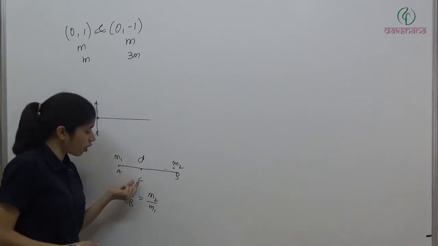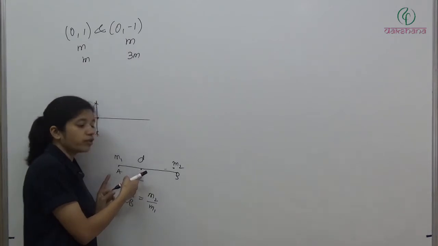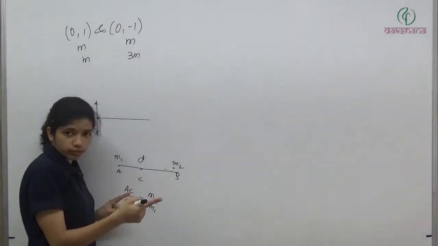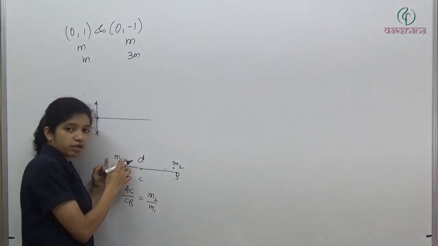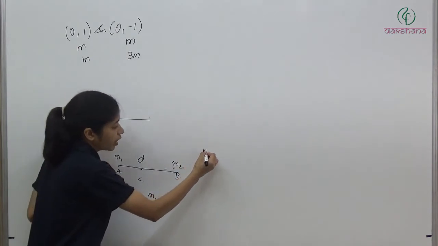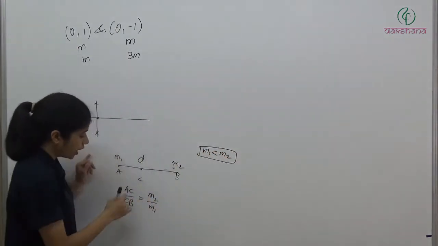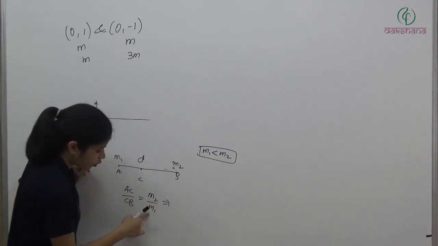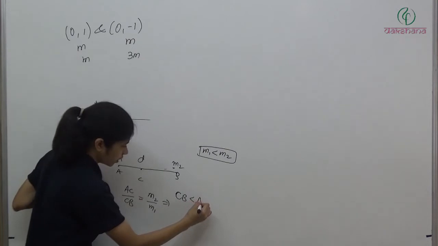So if mass is less, the distance of the center of mass will be more from this mass. If this mass is less, then center of mass will be far from this mass. So if we have m1 less than m2, it means CB is less than AC.